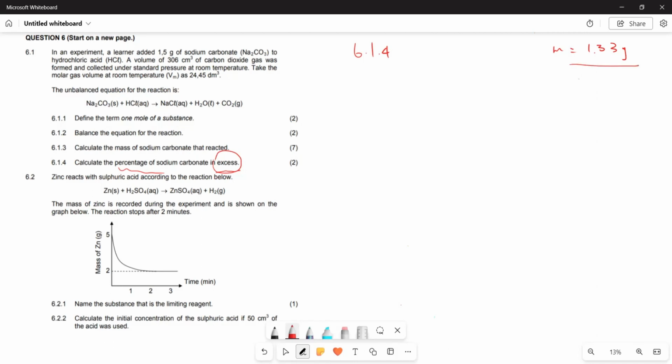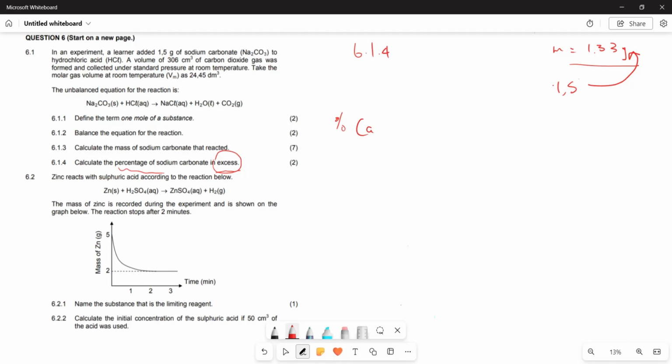Now we want to know, from 1,5 to 1,33, what percentage? What mass is going to be used in terms of percentage? So we are going to do the percentage of this. What is going to be the percentage of sodium carbonate?